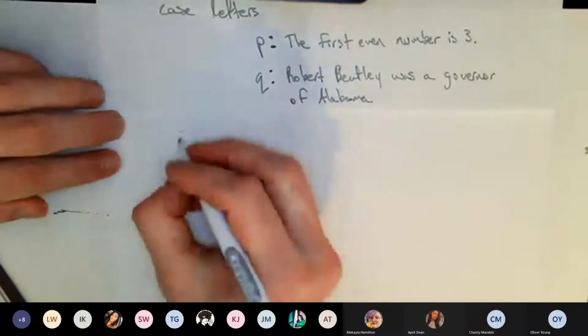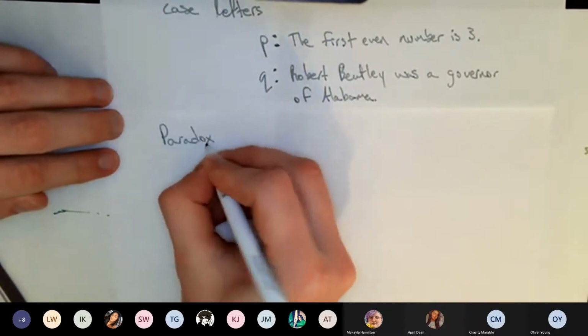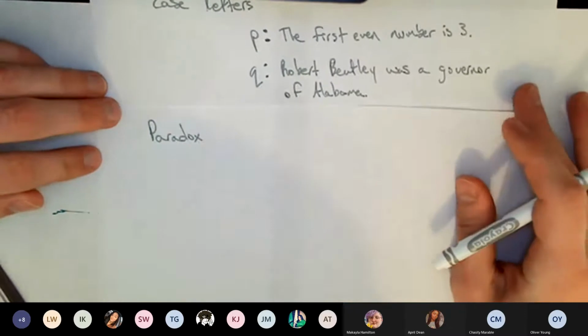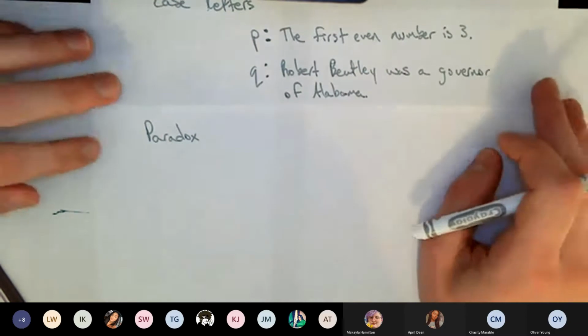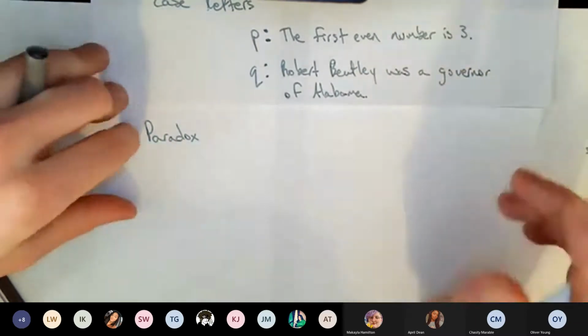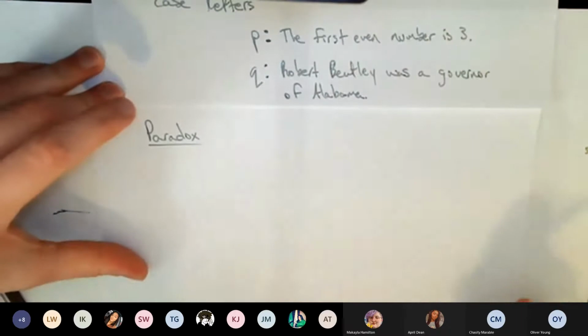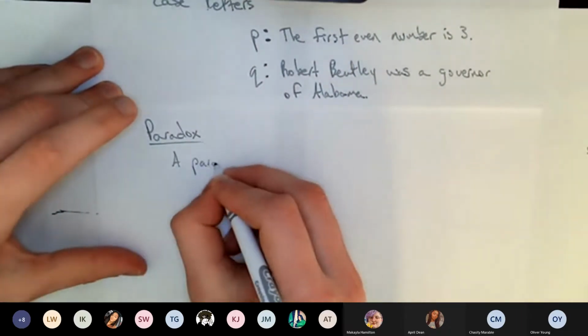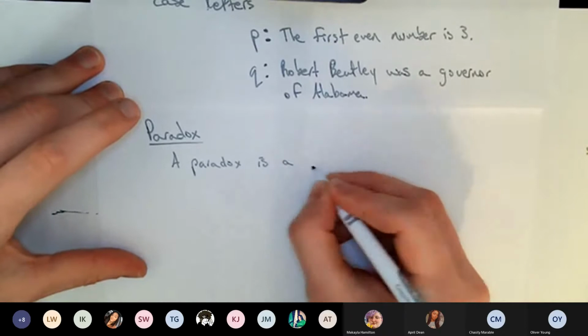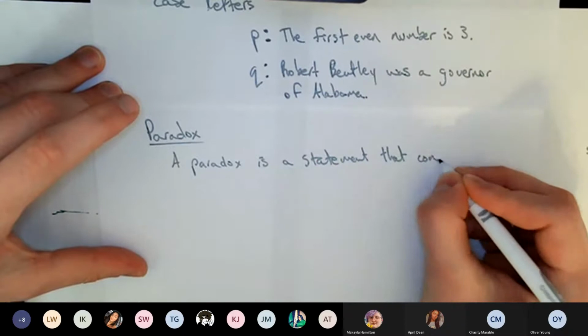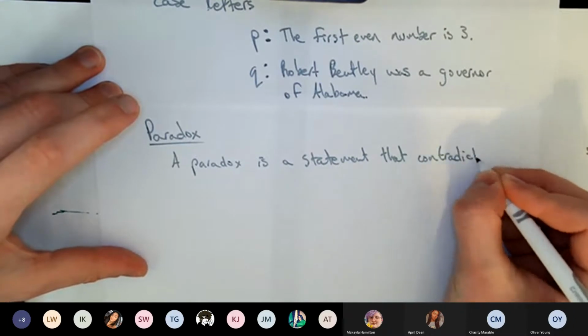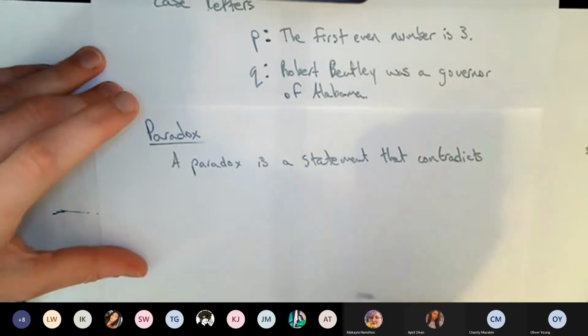Okay, another definition coming. We're going to get to some stuff that you actually get to think about and calculate, but first I've got to get some definitions out of the way. In fact, we might even skip example 1 because it's just about identifying statements, and the definition of statement is pretty straightforward. But a paradox, you may not know the definition of a paradox. A paradox is a statement that contradicts itself, also called like a circular argument or something like that.